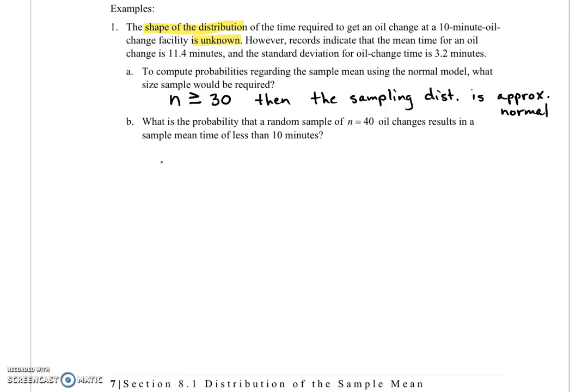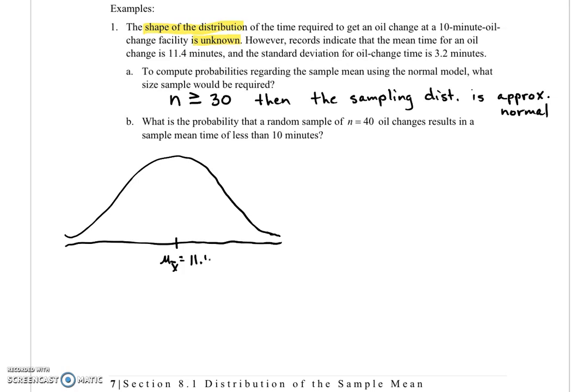So what's the probability that a random sample of 40 oil changes results in a sample mean time of less than 10 minutes? Okay, let's first draw our graph. And the sample mean, remember, sampling distribution mean, sorry, is the same as our population mean. So that's 11.4. We stick it smack in the middle.